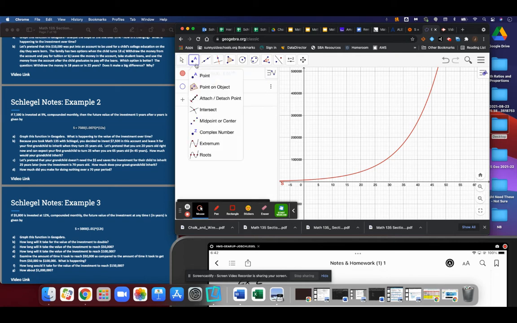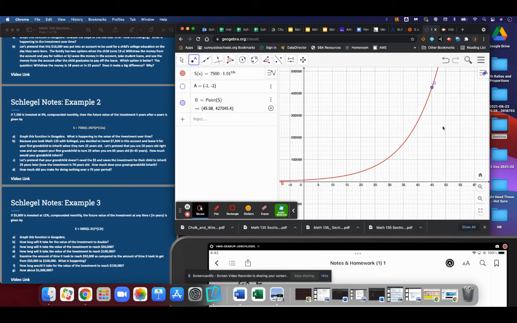So if I were to grab a point, and again, we're going to find the exact answer using Wolfram, this $7,500 is going to turn into about $427,000. It's probably going to be more like $425,000.